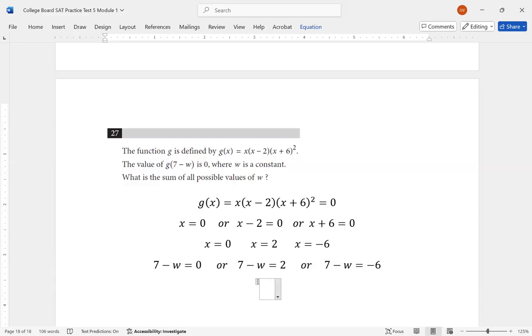Solving the first equation gives us w is equal to 7. Solving the second equation gives me a w which is equal to 5.